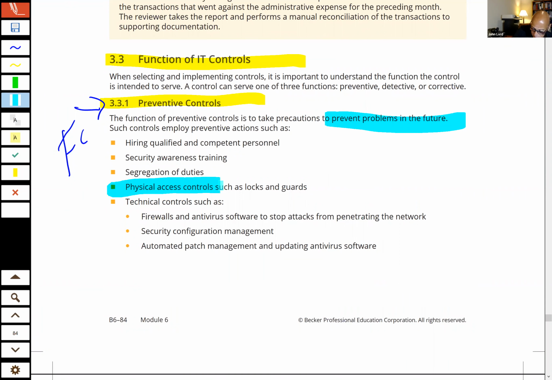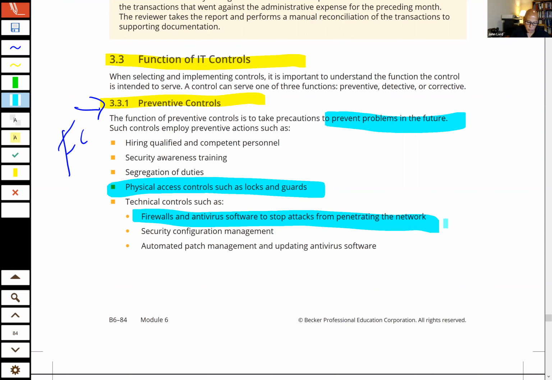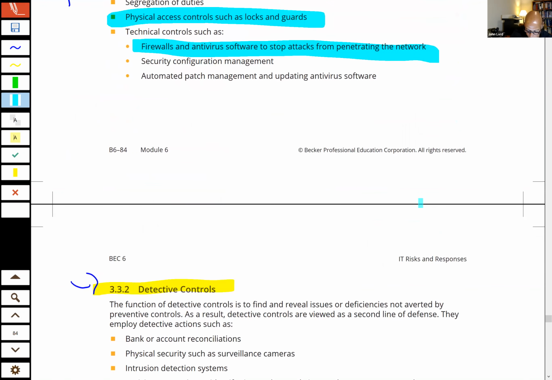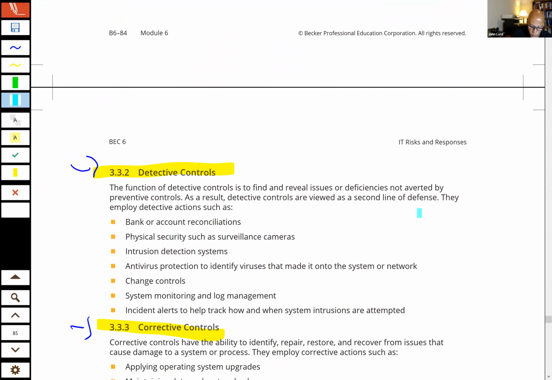But physical access controls, locks, guards are all things that are preventative, right? Firewalls, antivirus software are all examples of preventive controls. Don't let the bad thing happen, okay? Detective controls are going to find a problem, okay, such as surveillance cameras, bank or account reconciliations, right?